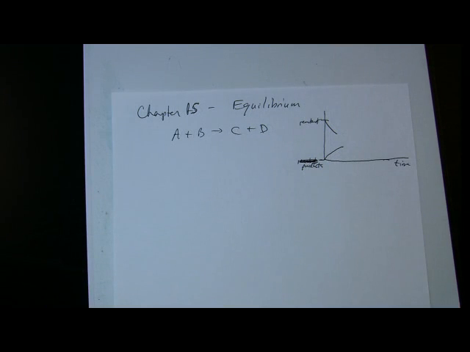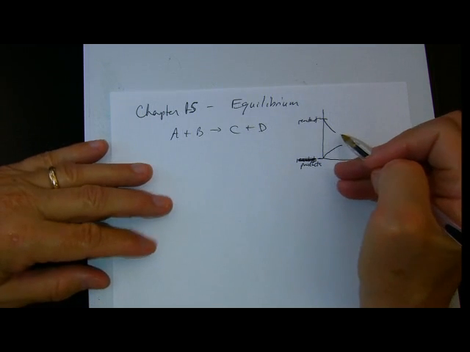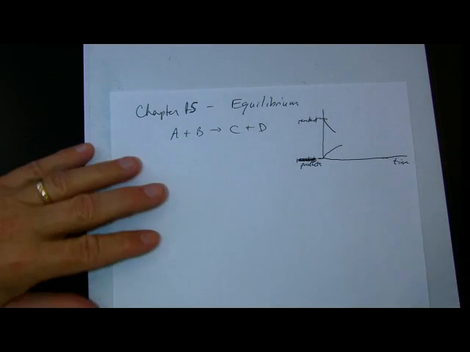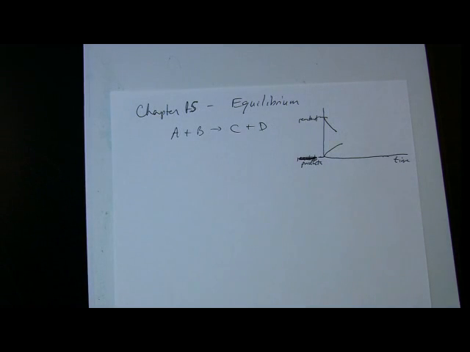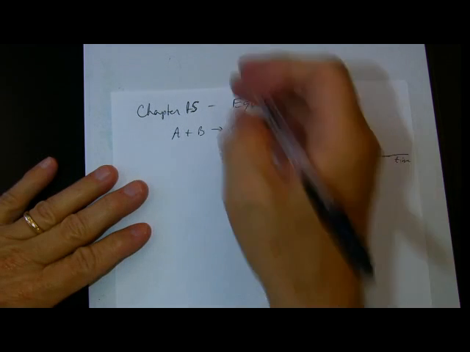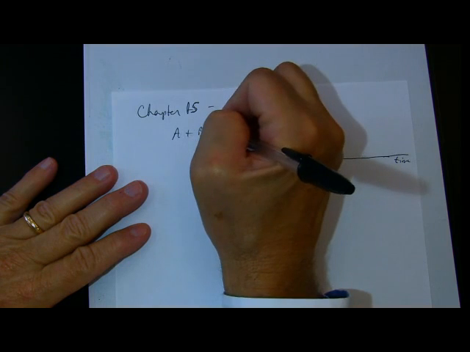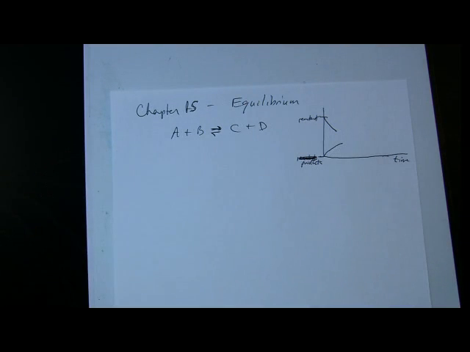Now, depending upon what the equilibrium constant is, let's say that it goes fairly far to the right, but doesn't go 100%. In other words, as products build up, they can collide with each other and go in the reverse direction. So we're going to now have a double arrow here, meaning that we have reactants colliding to form products, but as products form, they can collide and go back in the reverse direction.